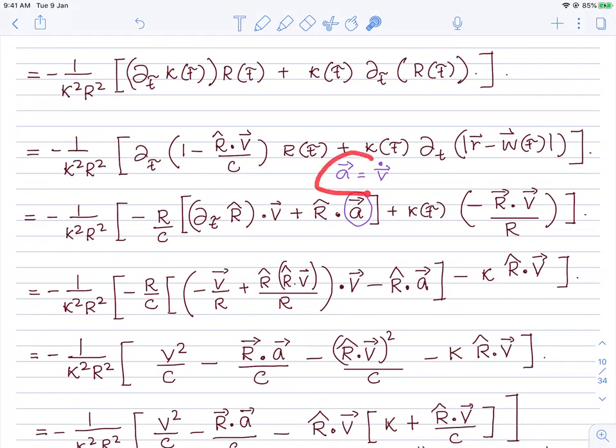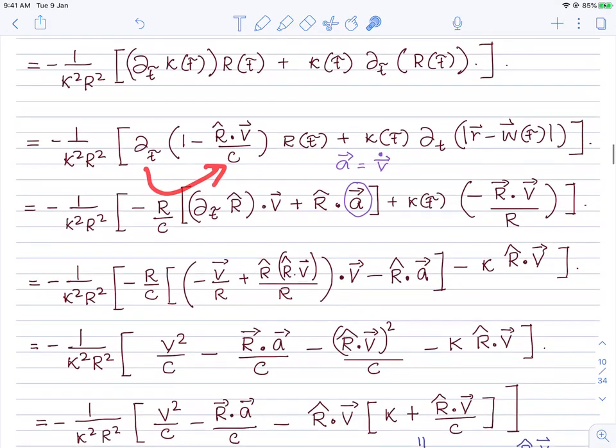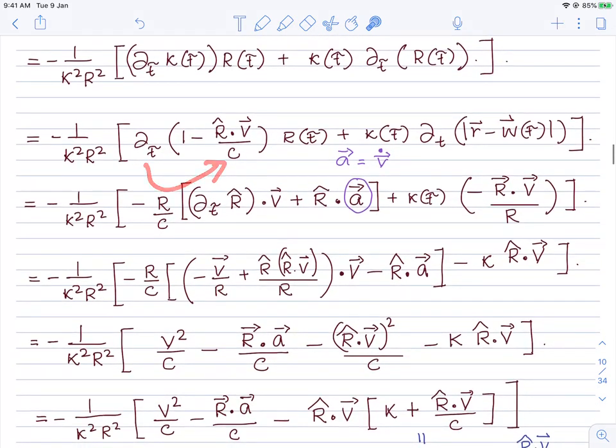The derivative acting on v is precisely the acceleration. So the acceleration makes an appearance because of these terms where there were derivatives of t tilde. In those terms, the acceleration of the particle appears in the electric field and also in the magnetic field, as you will see. But the acceleration doesn't appear at the level of the potential.